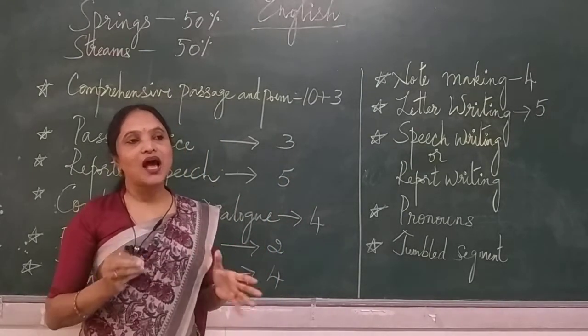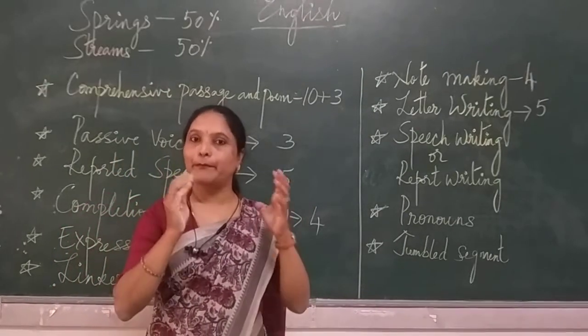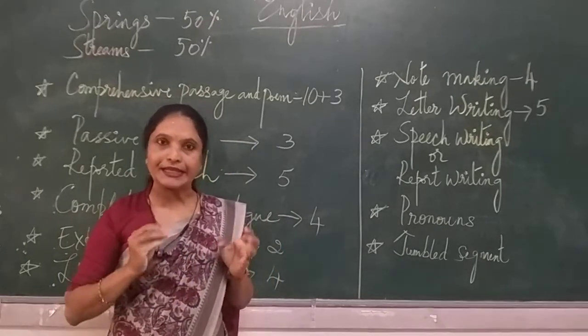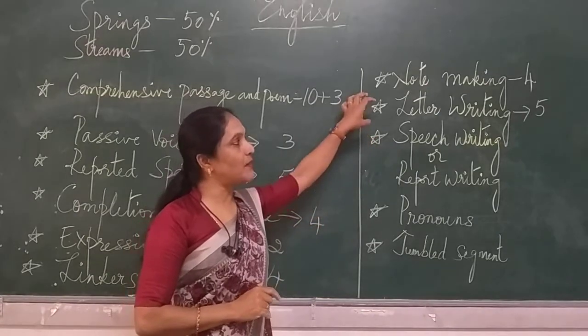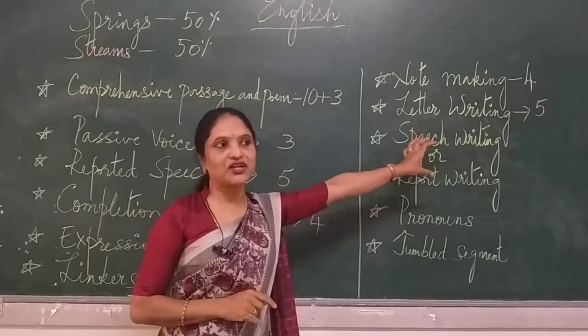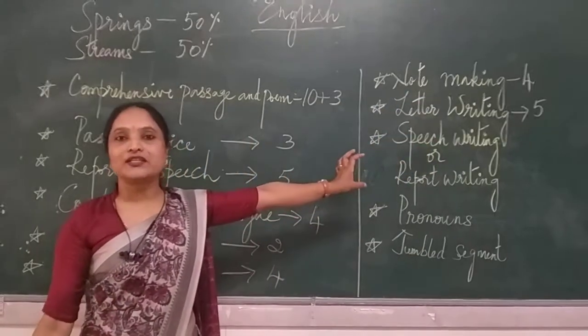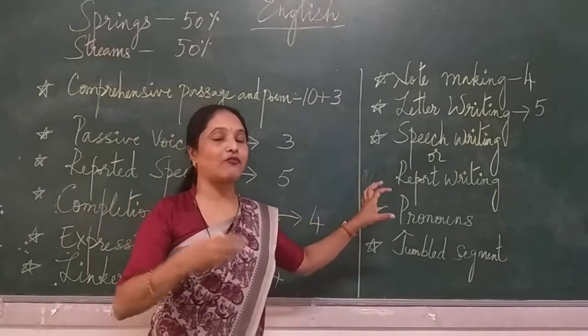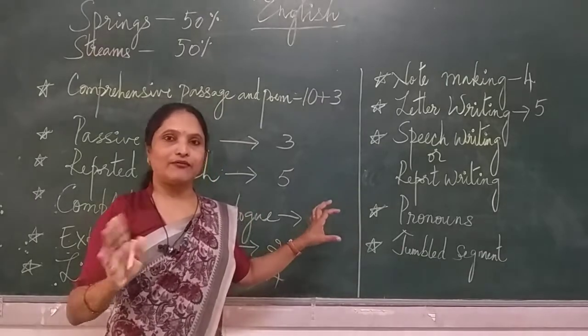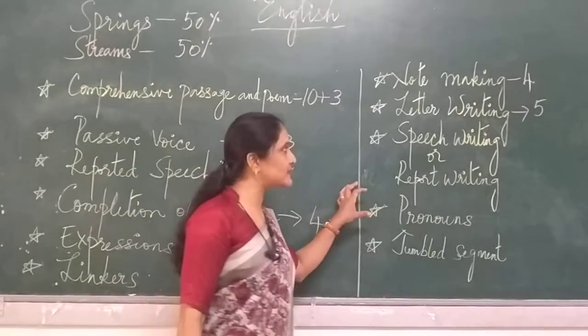Here you will be asked for an application for a job particularly. Every year they will be asking this question. The marks allotted is 5. It is just like writing your application for leave, application for TC and so on. We have already dealt with it in the first quiz itself.